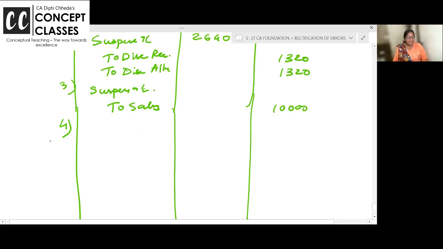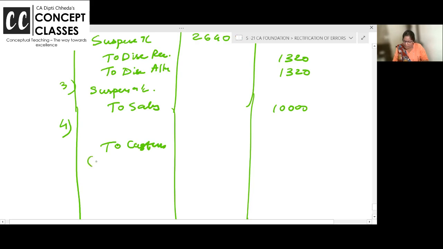Fourth one. Credit sale of 1470 has been debited to the customer account at 1740. Credit sales of 1470, party to sales. Now the customer was debited with a greater amount. This is an error of commission, wrong amount. You have debited more, so now credit the customer.